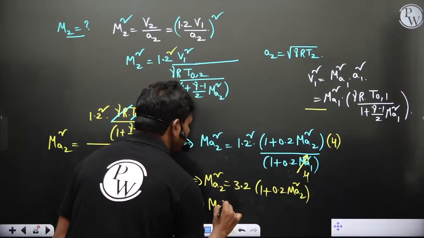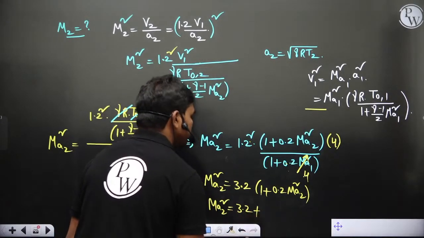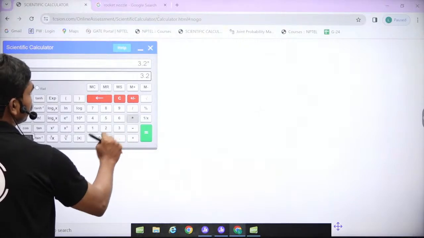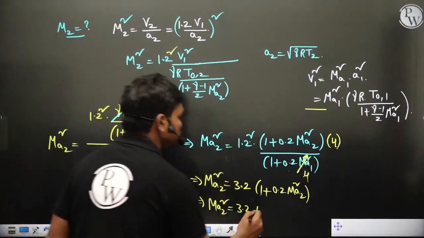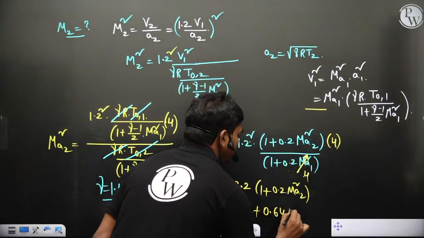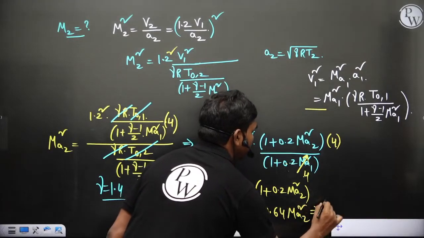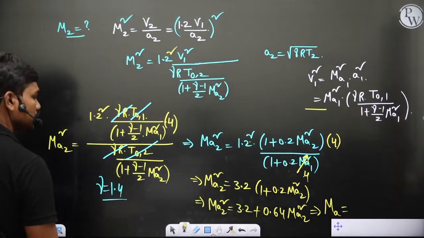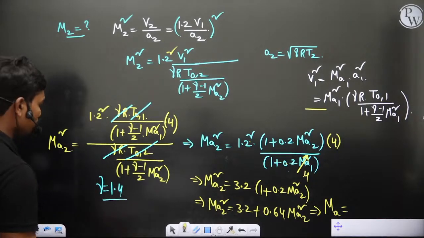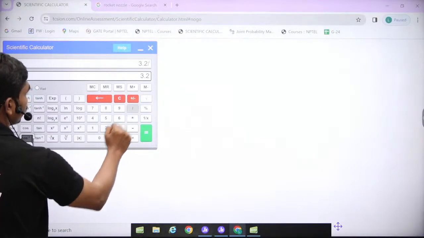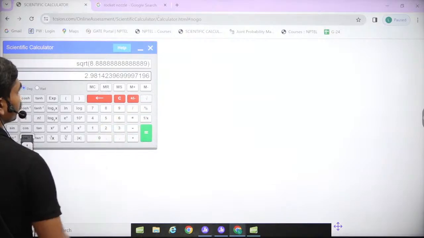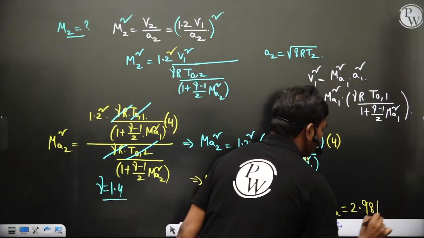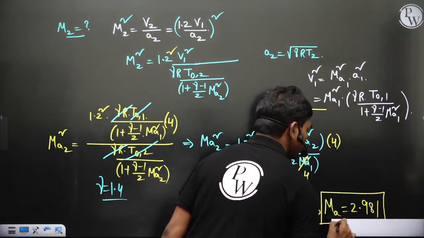Ma2 square is equal to 3.2 plus 3.2 into 0.2, roughly 0.64 Ma2 square. So this equation gives you Mach number squared equal to 3.2 divided by (1 minus 0.64), which is 0.36. Taking the square root, we get 2.981, the Mach number at the second location.